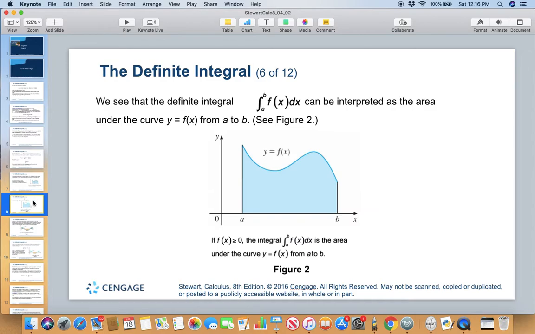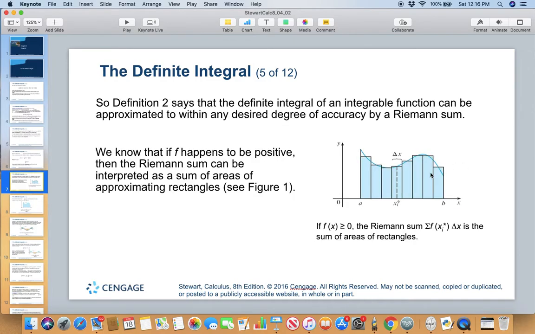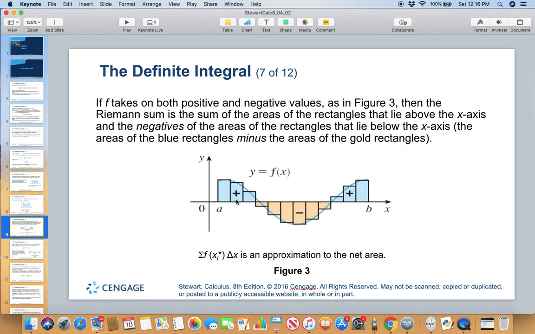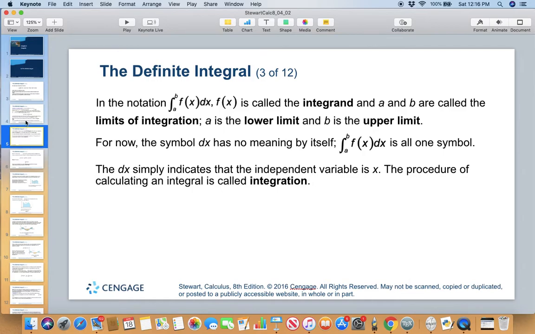Why would you have only above? Well, you have rectangles only above when your curve is above the x-axis. You see? Here, some of your rectangles go below because the curve could go below. Hence, you have a separate definition.